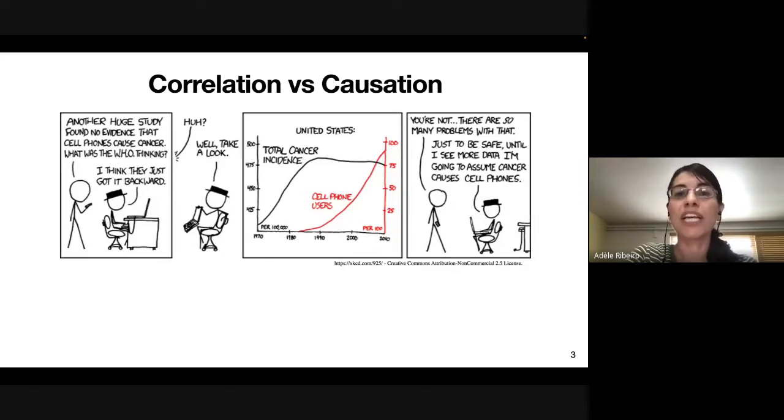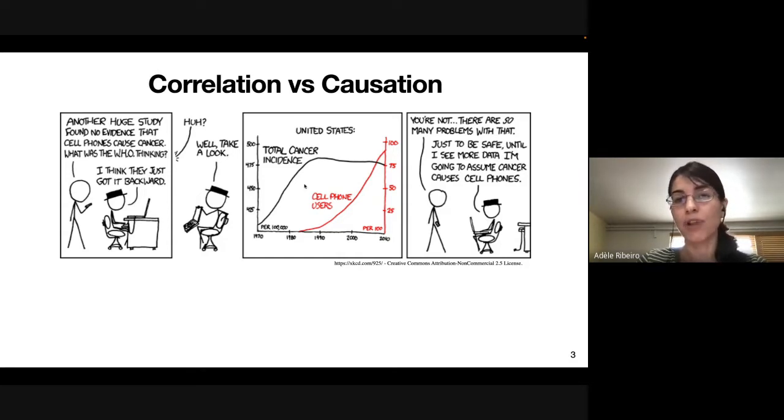This is a mantra that we are all familiar with: correlation doesn't imply causation. So let's just read this comic. "Another huge study found no evidence that cell phones cause cancer. What was the WHO thinking? I think they just got it backward. What? Well, take a look."